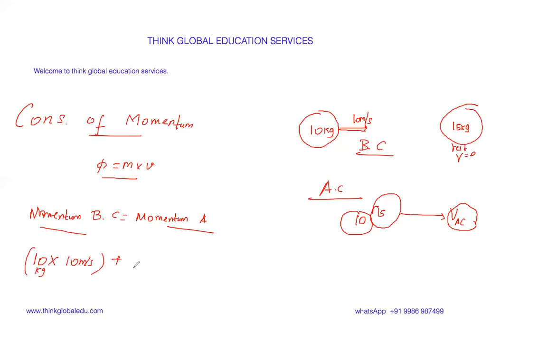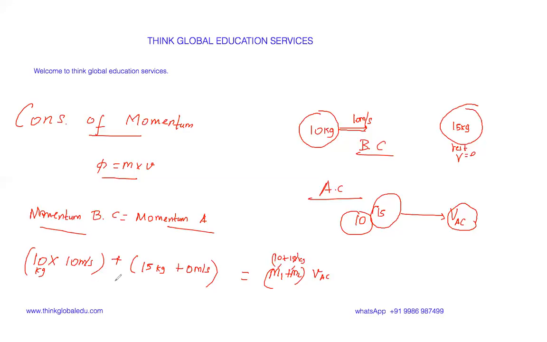The second object's mass is 15 kilograms and its velocity, as it is at rest, is 0 meters per second. Which must be equal to momentum after collision. Momentum after collision is mass of the first object plus mass of the second object times the velocity of the objects after collision, which is 10 plus 15 kilograms.